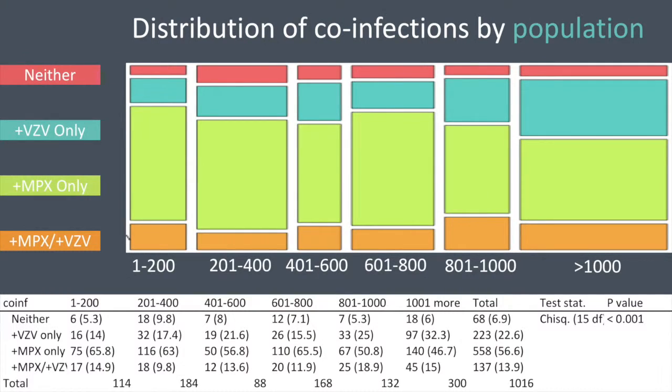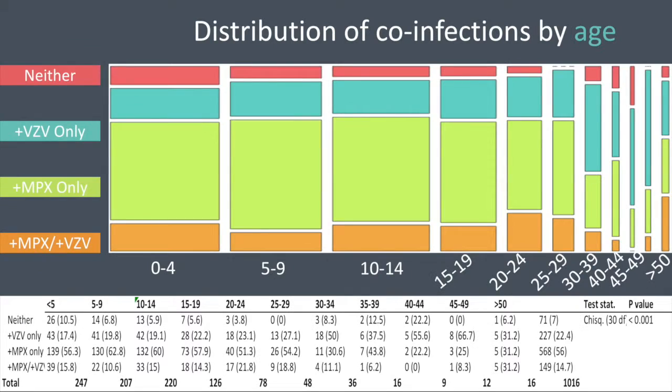Looking at co-infections by population, this is relevant for chickenpox because when there's a higher population density, you have a higher transmission rate, and you can see that the proportion does increase as population increases. The highest proportion of co-infection is at the 800 to 1,000 population level, and that's about 18.9% of the cases detected.